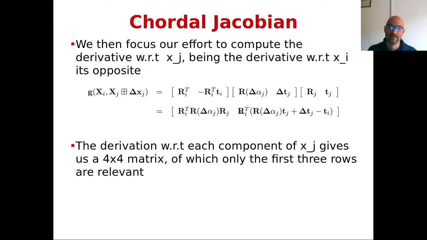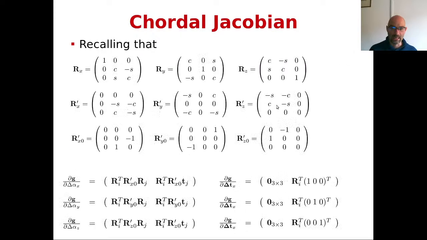So the only active components in the derivative of this object with respect to delta t is ri and delta tj. Okay? And therefore, if I derive delta t with respect to delta t, I have the identity.